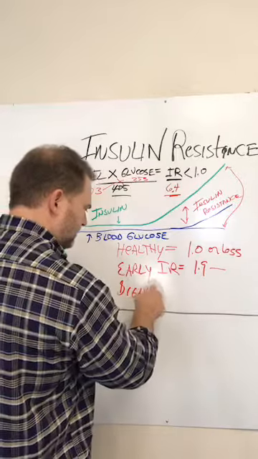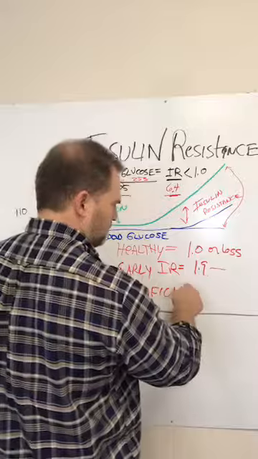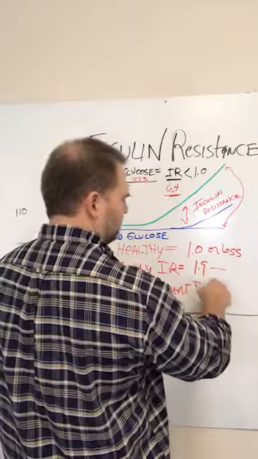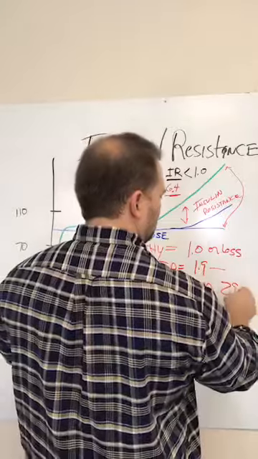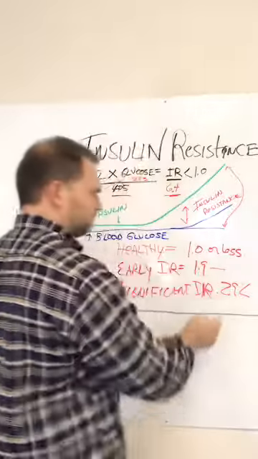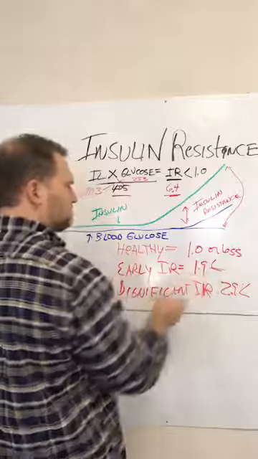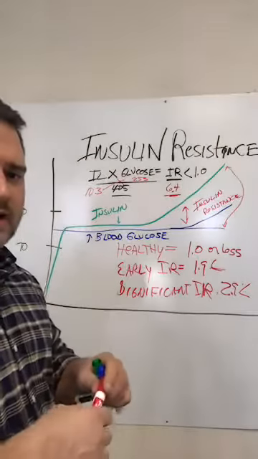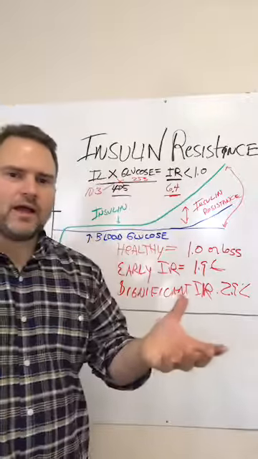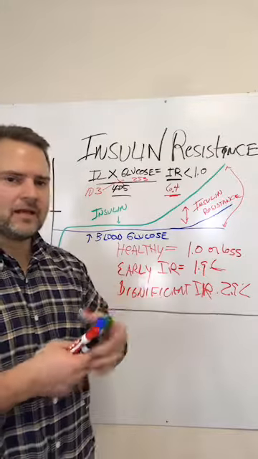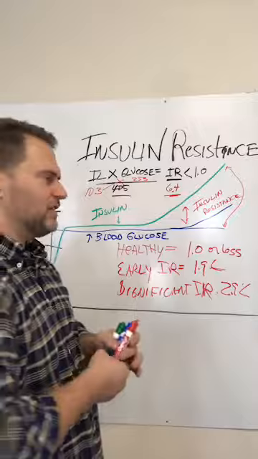Significant insulin resistance is 2.9 or greater. So what we're looking at is now a mathematical way of calculating how much insulin resistance a person has.